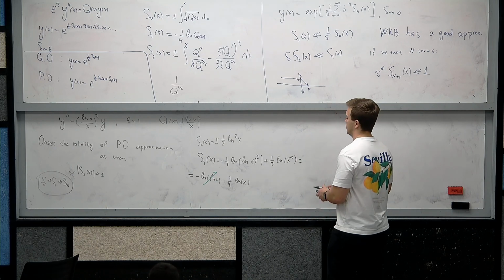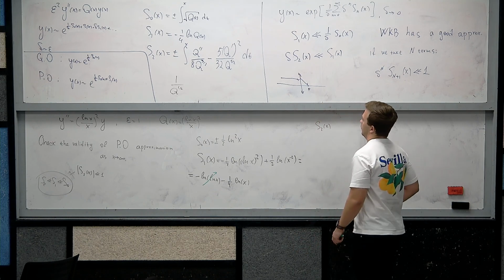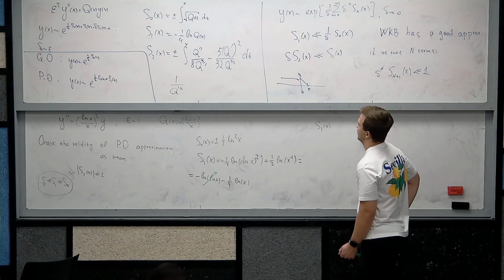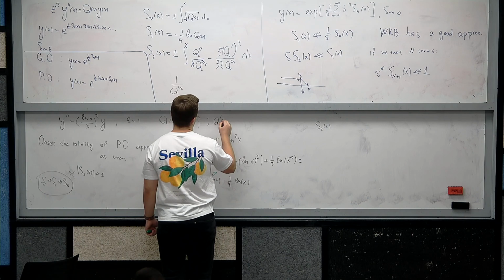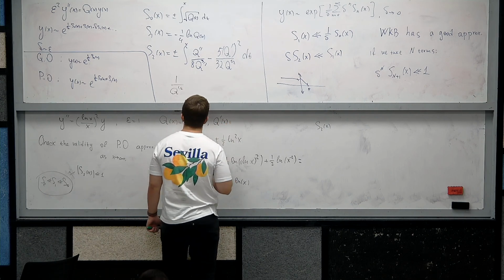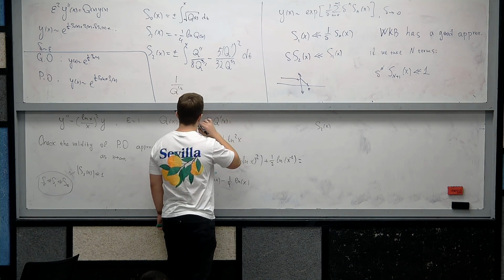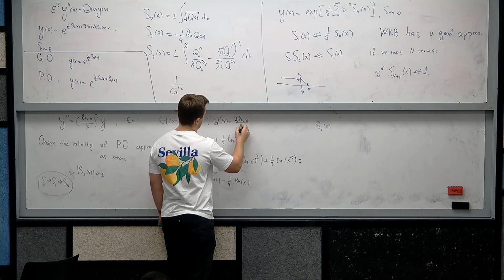Okay, then S2. For S2 of x, we need to calculate a lot of stuff. First of all, Q prime of x. Q prime of x is 2 ln x divided by x squared times the derivative of ln x, so it's 1 over x.